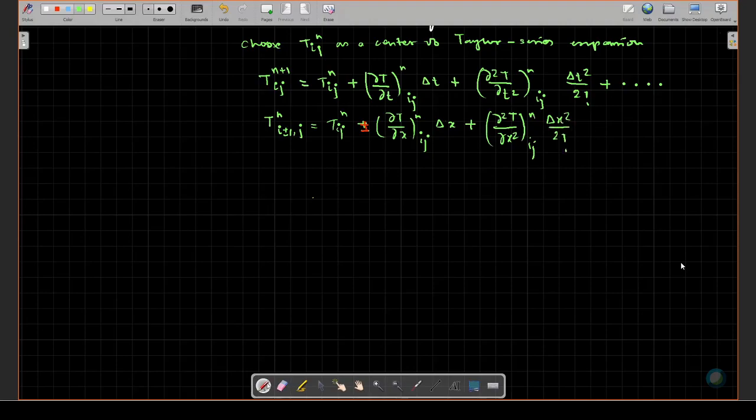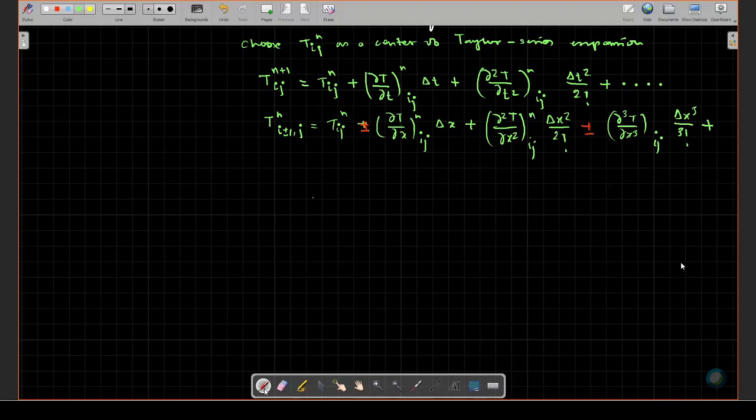The next term will be plus minus, that is del 3 T by del x 3 at ij, times delta x cube by 3 factorial. But the next term will be plus only. So you got to know how we are getting plus minus.